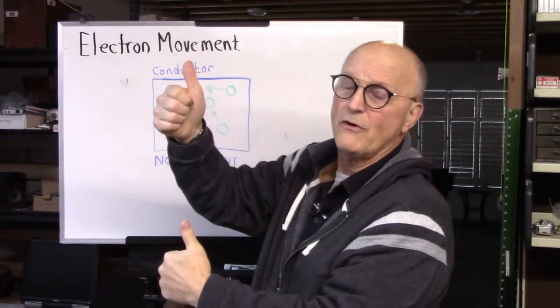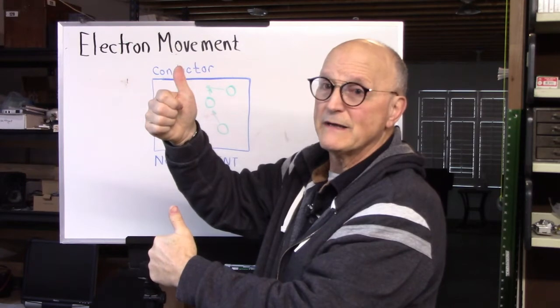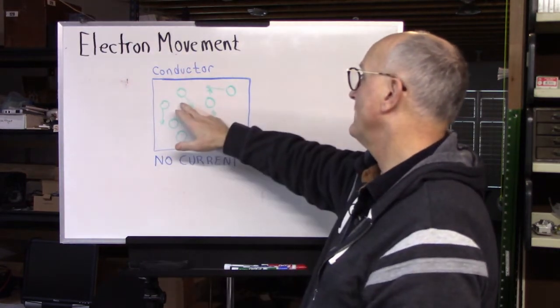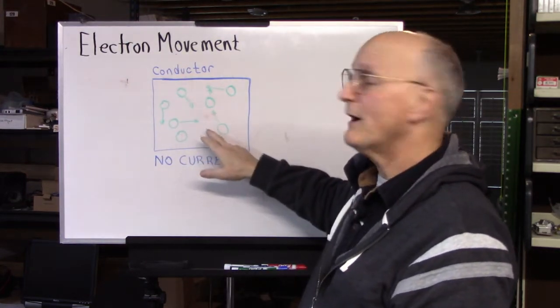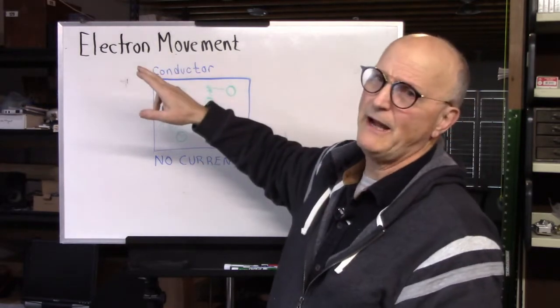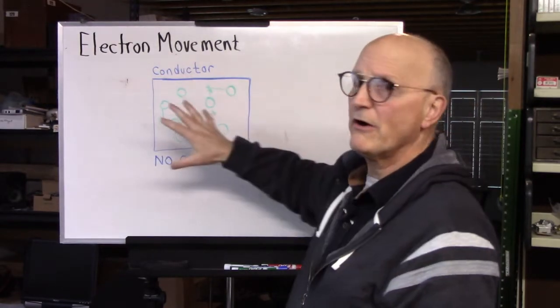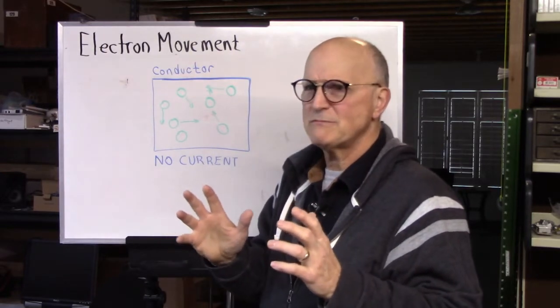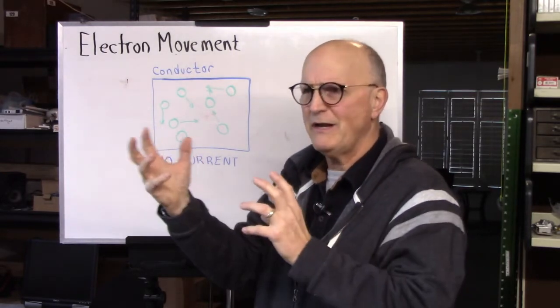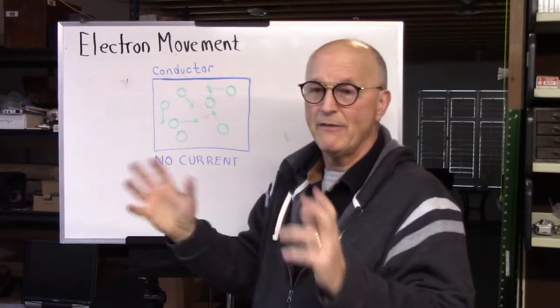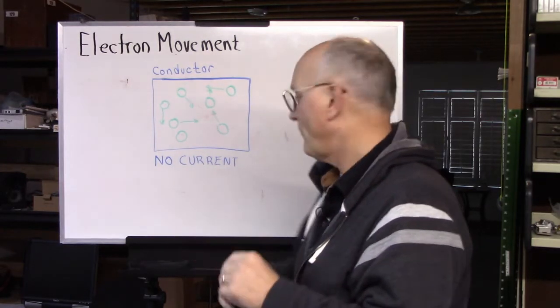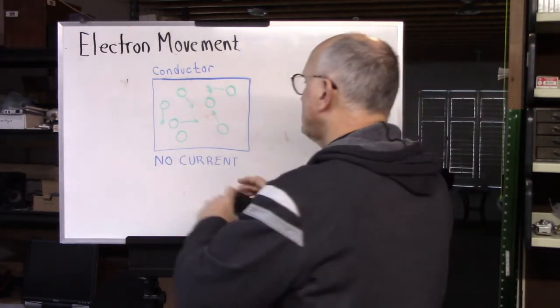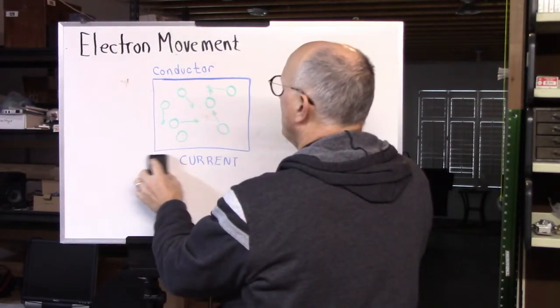So the overall movement is canceled out. This one is moving down and to the right, this one's moving up and to the left. And so there's no current; there's movement of electrons, but in no specific direction, just between one atom and the next. So what happens then when we have current?